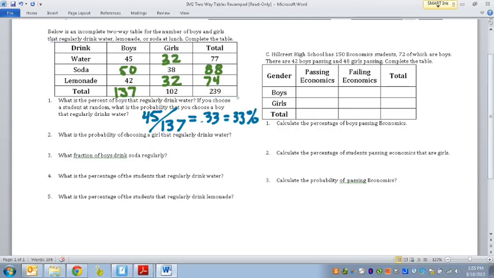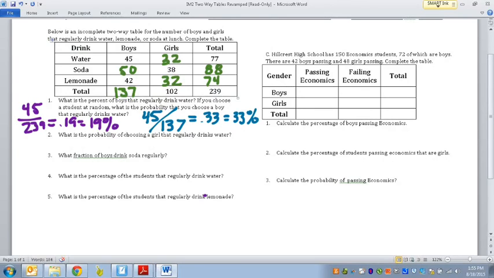So a boy that chooses to drink water, there are 45 of those boys that drink water. So 45 divided by 239 this time. And that's 0.188 or 0.19 or 19%.